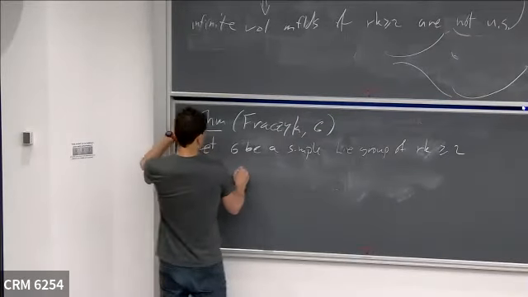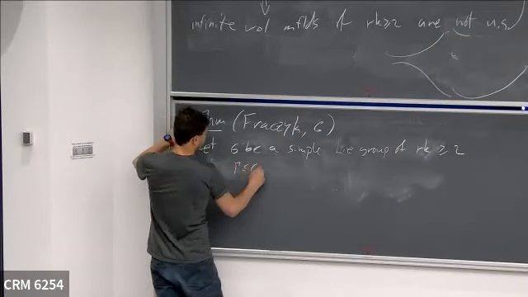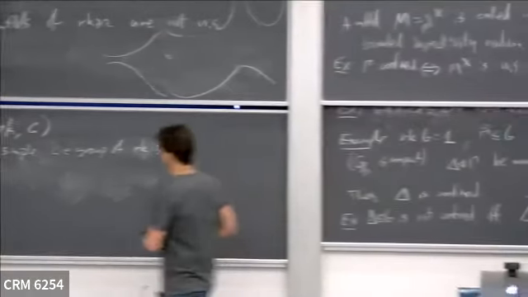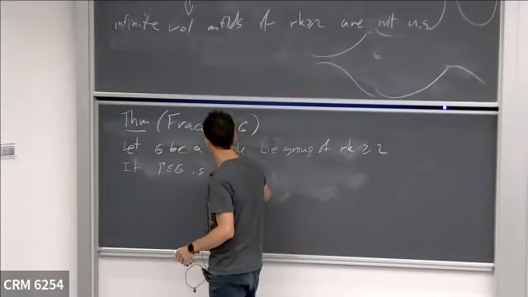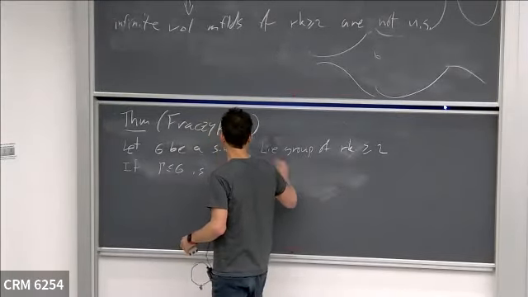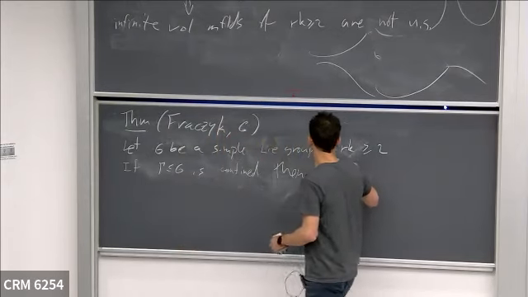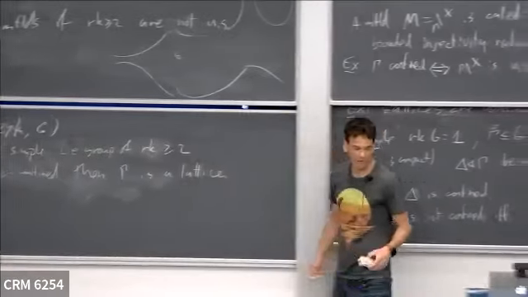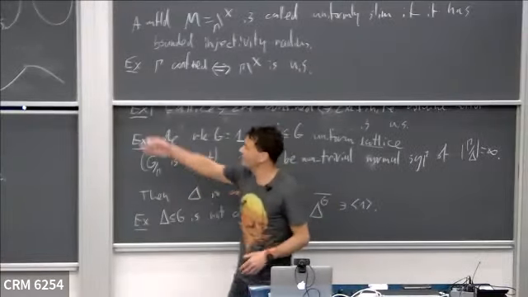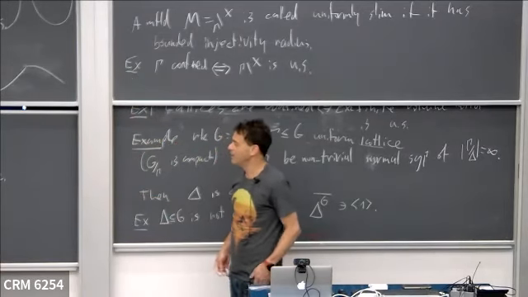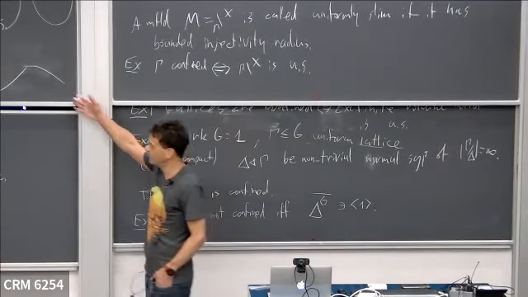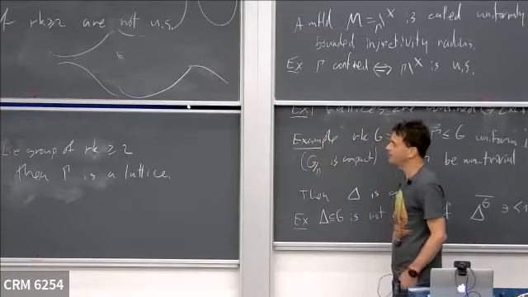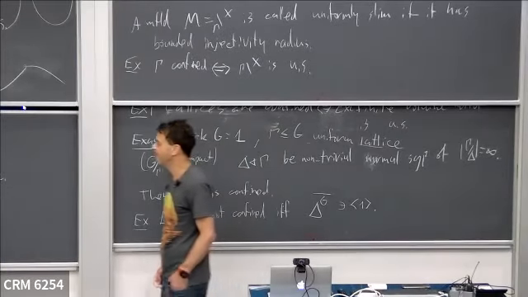If gamma in G is a discrete subgroup of infinite covolume, if gamma in G is confined, then gamma is a lattice. Equivalently, if gamma is not a lattice, if the manifold is not of finite volume, then it's not uniformly slim. So that's the theorem that we proved.